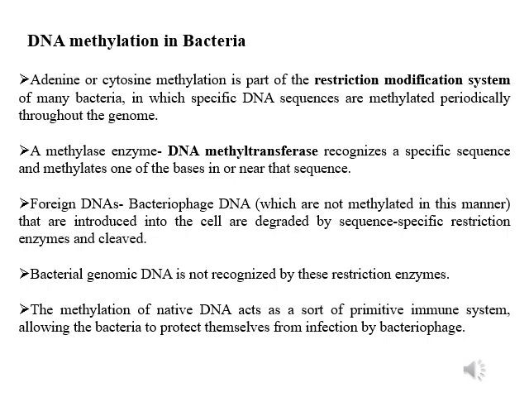Foreign DNAs or bacteriophage DNAs are not methylated, so when they are introduced into a cell, they can be degraded by the sequence specific restriction enzymes and they are cleaved. The bacterial genome is not recognized by the restriction enzyme because it is methylated. So the restriction modification system and the methylation of the native DNA act like a primitive immune system, allowing the bacteria to protect themselves from infections by bacteriophages.